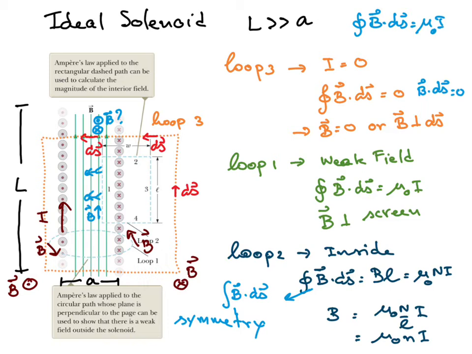Or maybe it's possible to point in this direction also, but we will show which one is the correct one. Now you can see that if we choose this situation and we do the integration of B dot ds on segment number 1, we will have that B is perpendicular to ds, because in this part ds points in this direction.